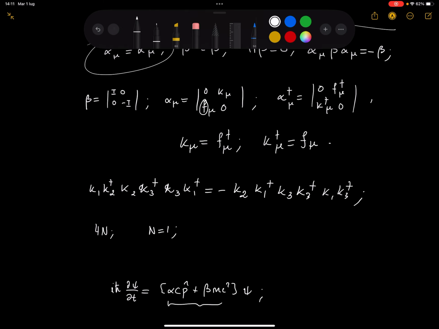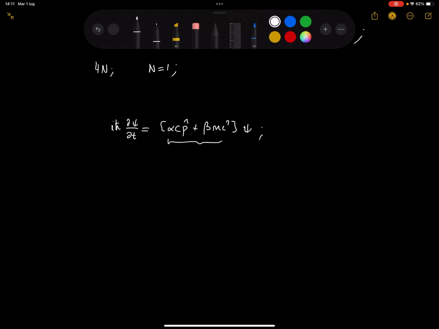Thing is that these two quantities, right, f and k, they represent submatrices, right? They themselves are matrices. And it can be shown that these submatrices are in fact Pauli matrices. So alpha mu, for example, will equal 0 sigma mu 0, right?